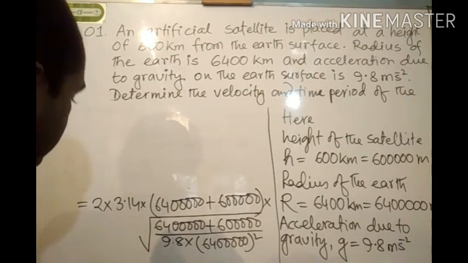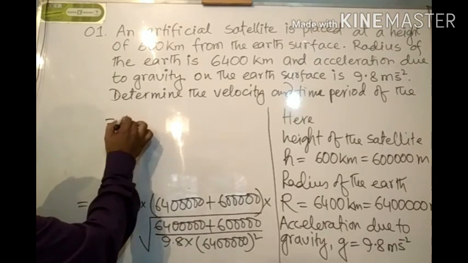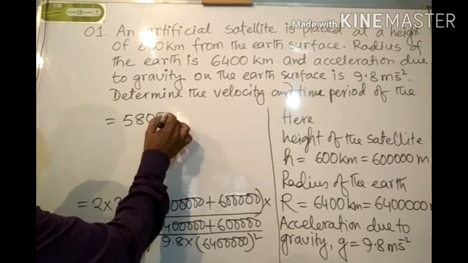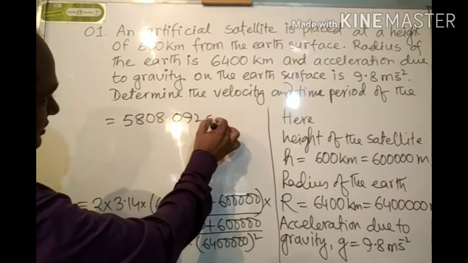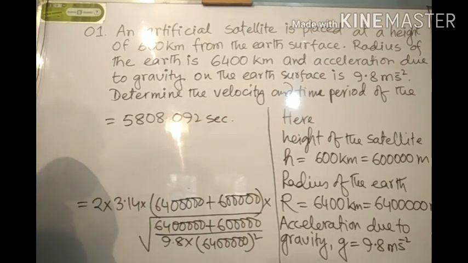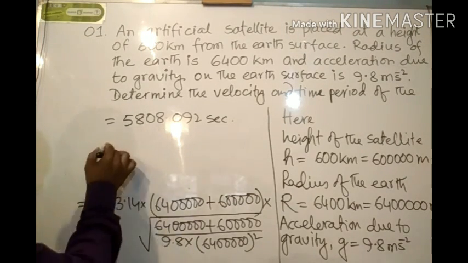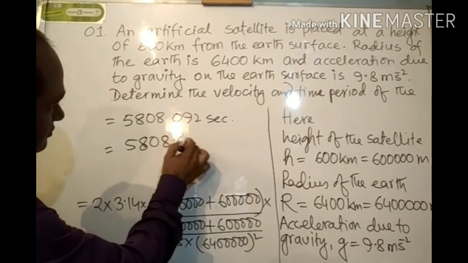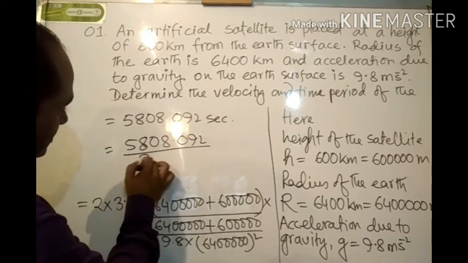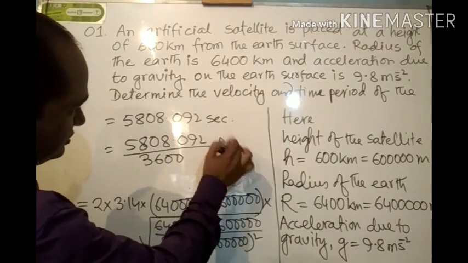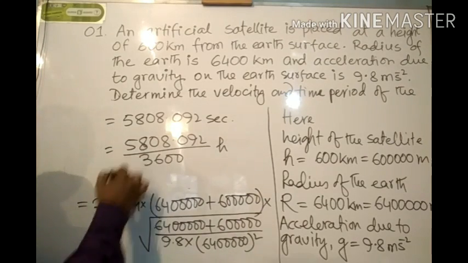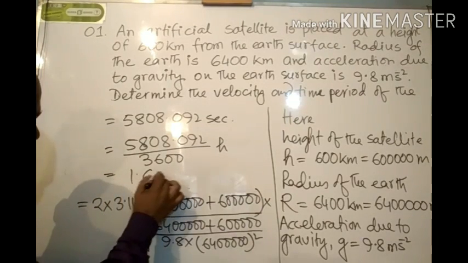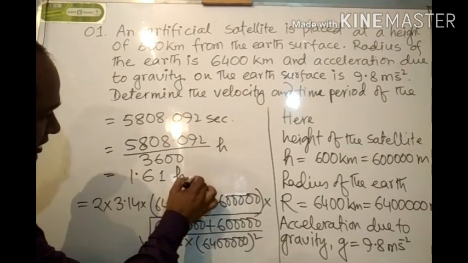And our final calculation is 5808.092 second. Okay, if we would like to change the value into hour, then we have to divide this value by 3600, then it will be converted into hour and the ultimate result will be 1.61 hour.